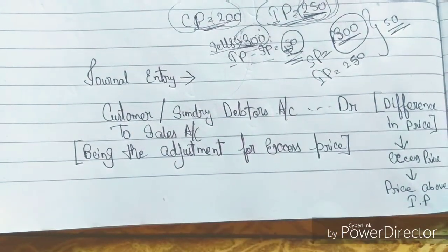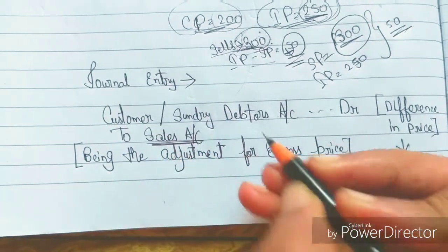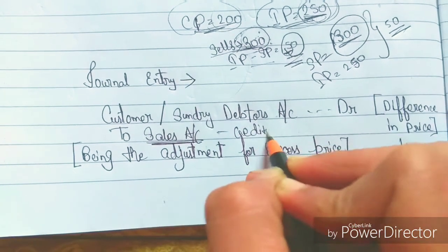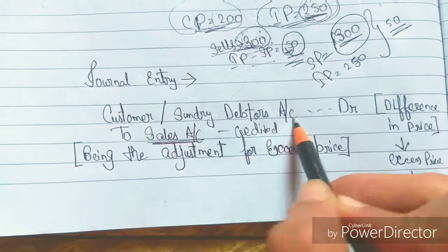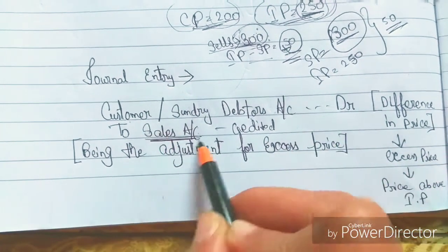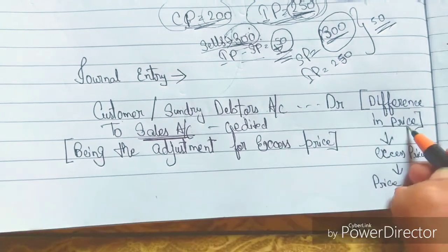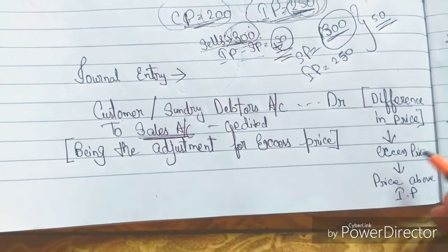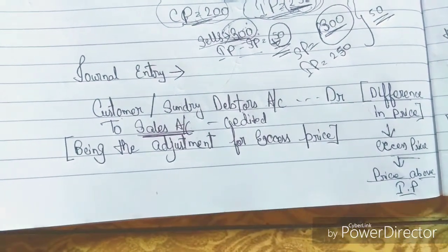This will again be a sale entry, because we are going to credit sale once again with 50 rupees. Again the sales account is going to be credited. So the entry will be customer or sundry debtors account debit to sales account. Now the amount here will be the difference between IP and sale price. So this is the excess price above IP.